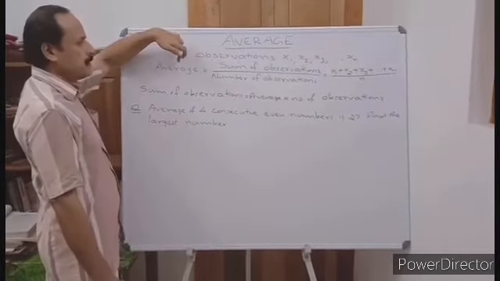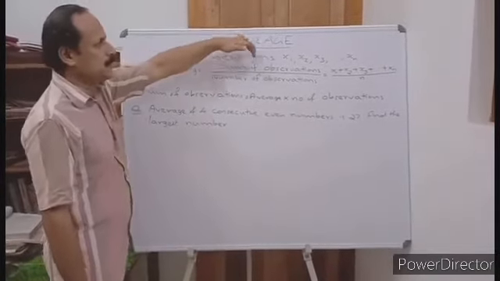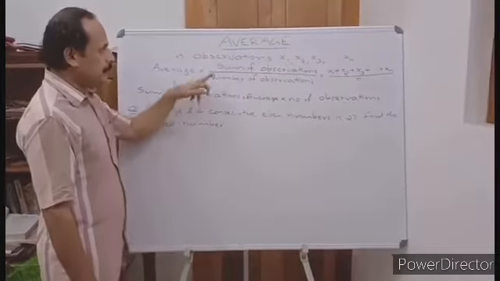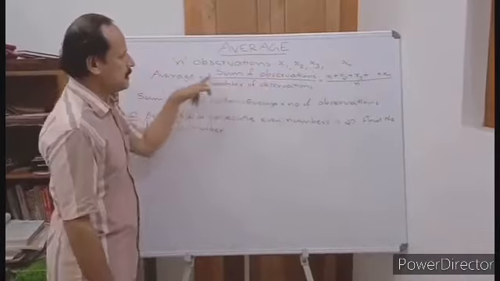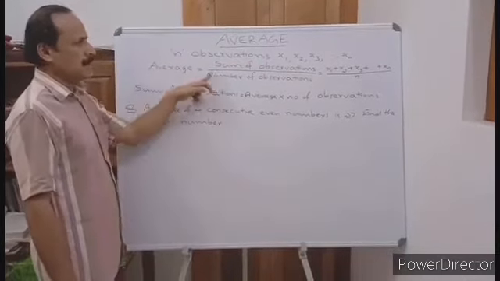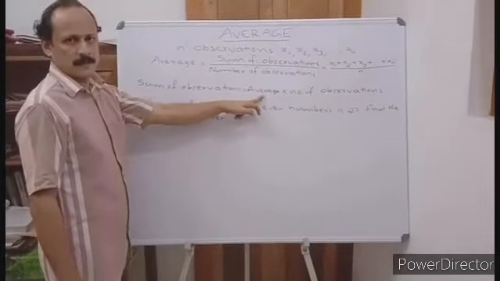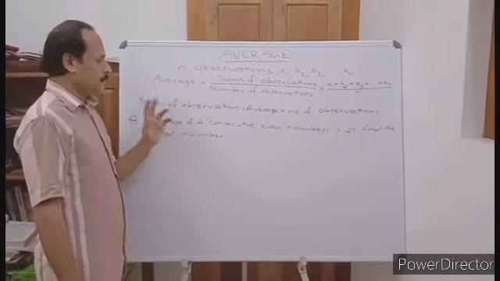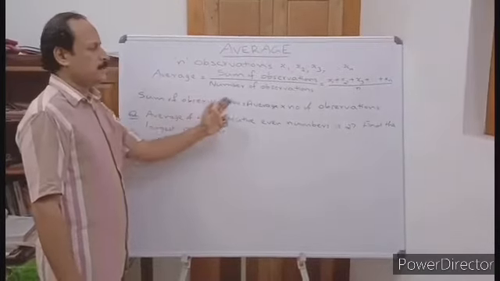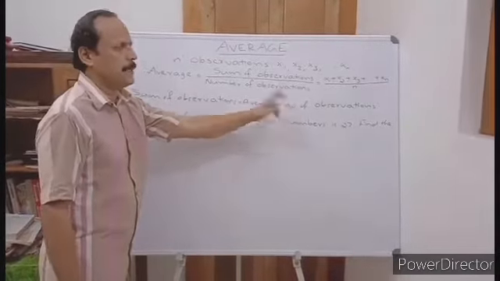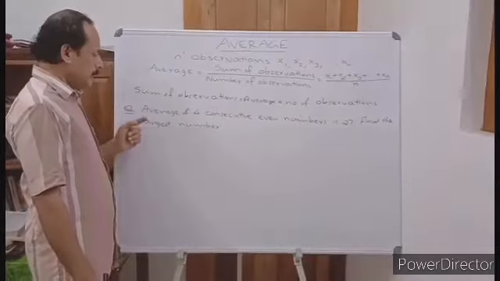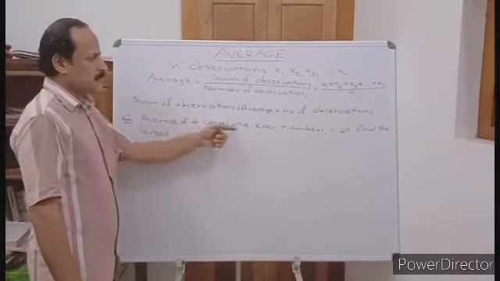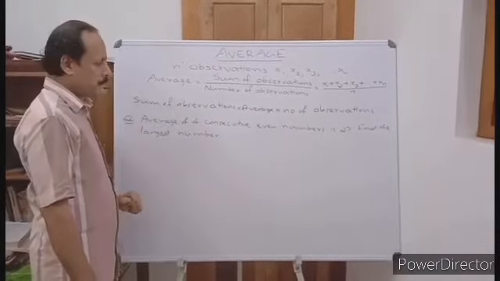Go to the definition of average. Average equals sum of observations by number of observations, and from that, sum of observations equals average into number of observations. Thus, if in a situation we need the sum of observations, you multiply average by the number of observations.